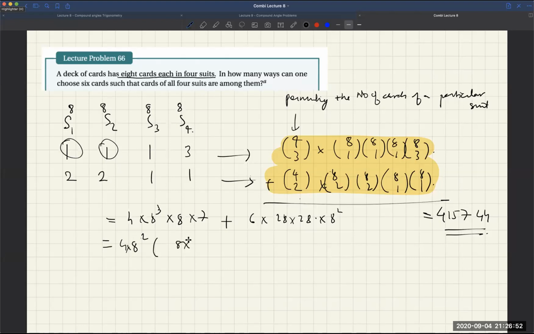So 8 square into 7 plus 6 into 7 into 28. So if you can calculate, just check with a calculator if it comes out to be 415744, because the key tells this answer.